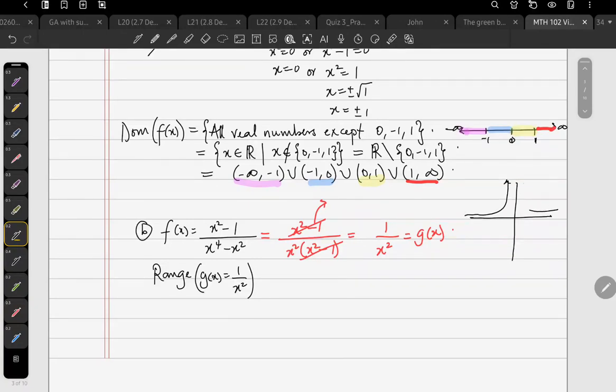That tells us that the output is the positive part of the plane, so it is from 0 to infinity. The range of this is from 0 to infinity. It is easy to think of because x squared is usually going to be positive, and when you do 1 over x squared, you're also going to get a positive number. And we cannot get 0 as well.